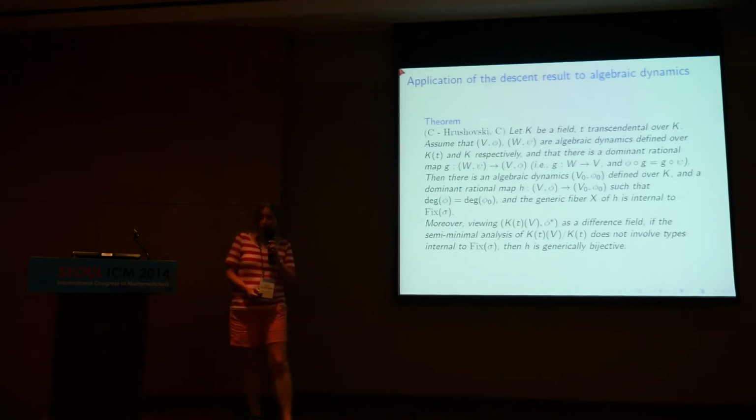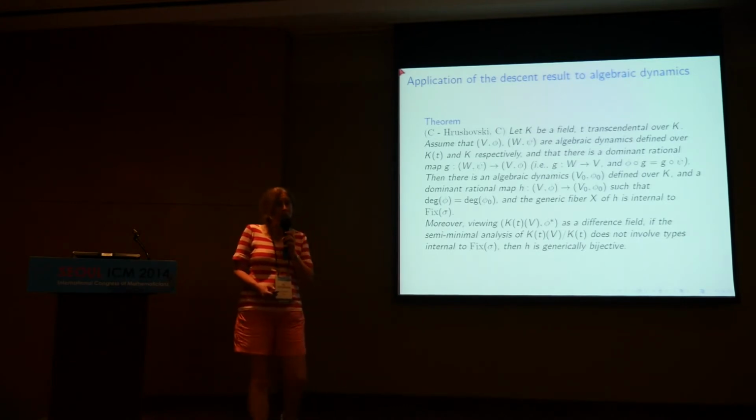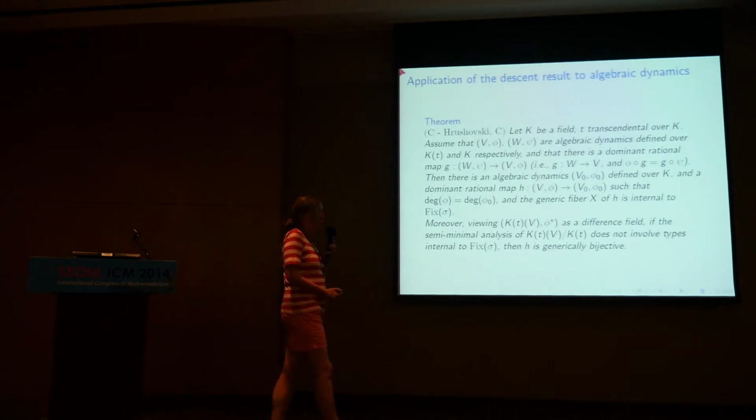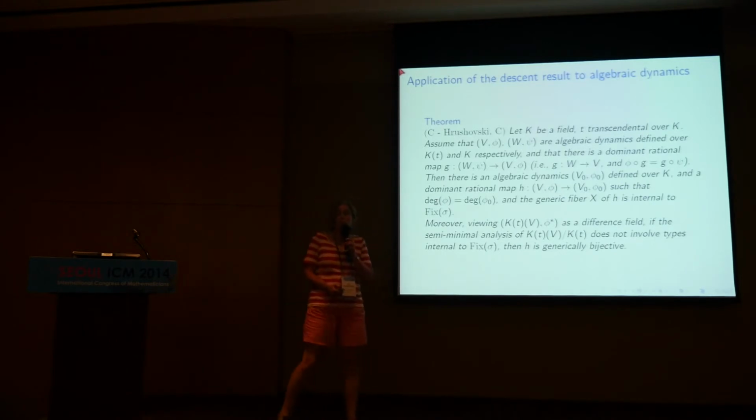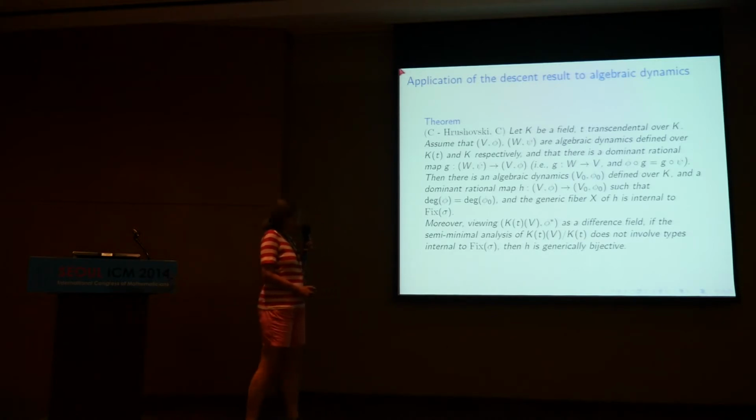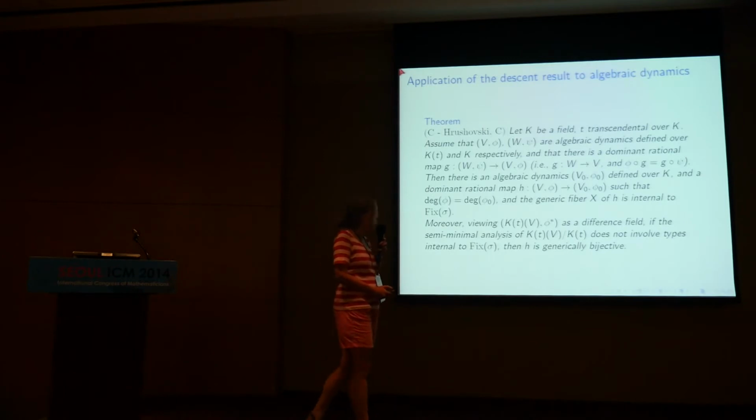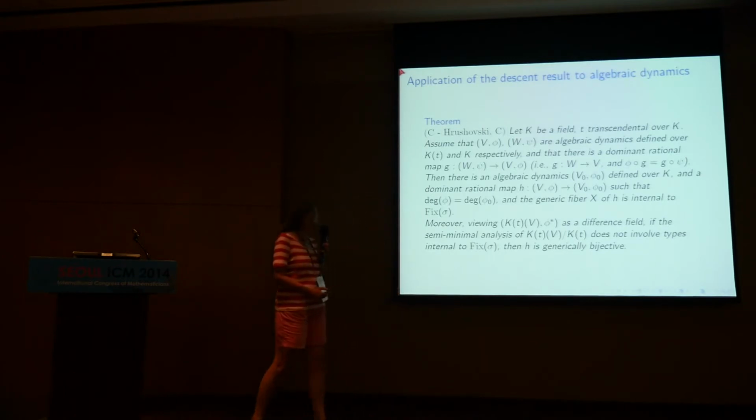In other words, if you were starting with something which had degree greater than 1, V0 is not going to be just a point, it's going to be something bigger, something of positive dimension.